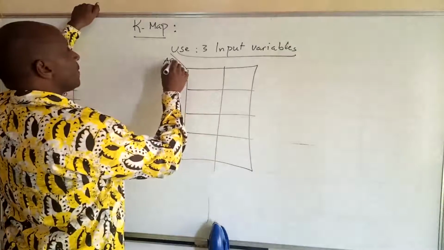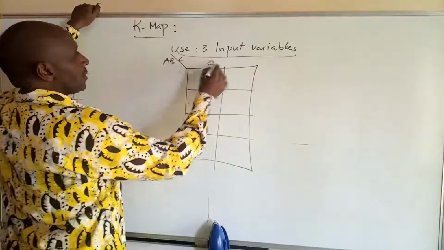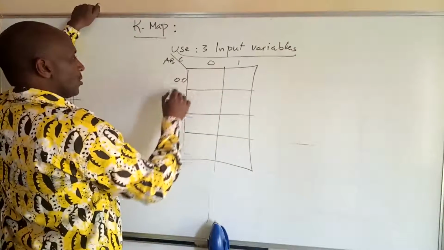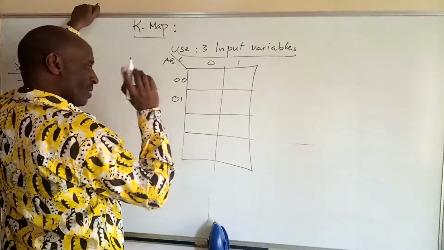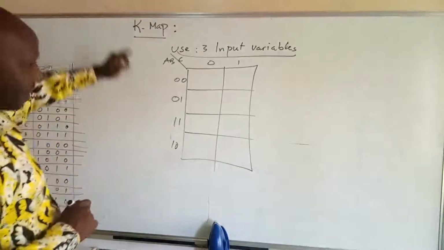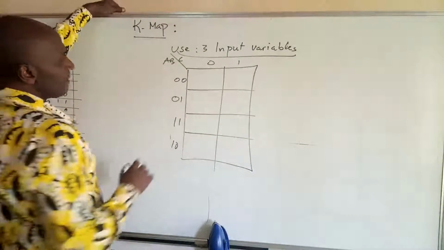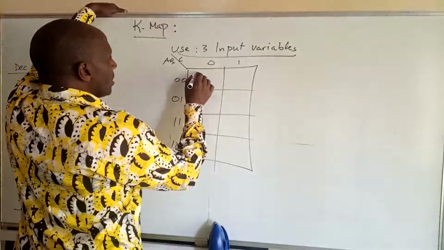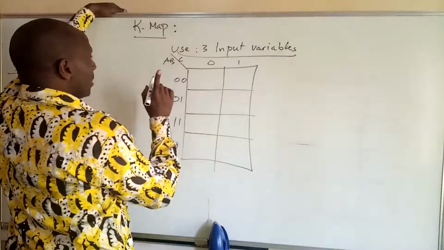A, B, and C. 0, 1, 0, 0, 0, 1. Remember, 1, 1, and 1, 0. Now, so dear friends, in the case here we want to put values.